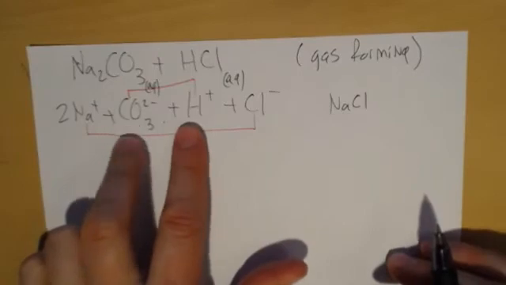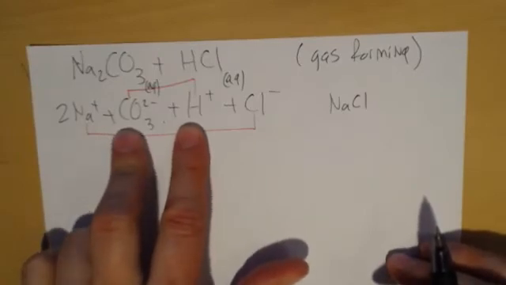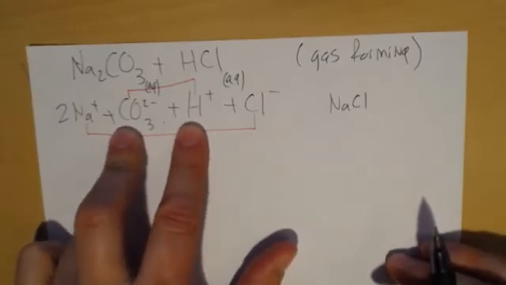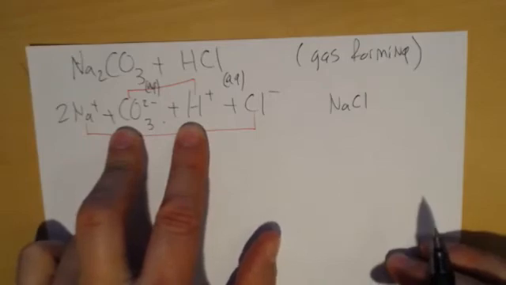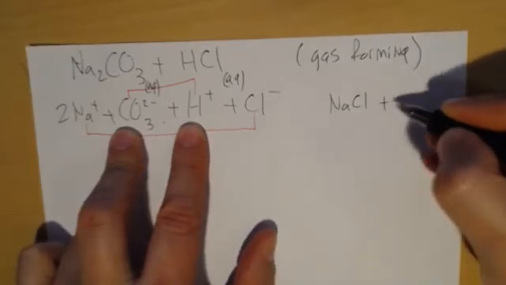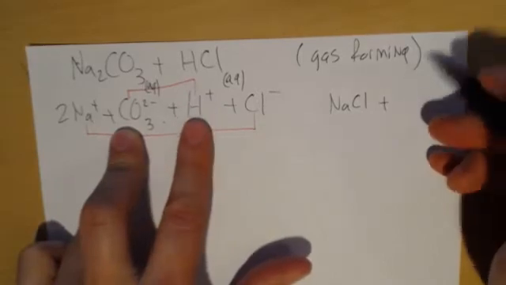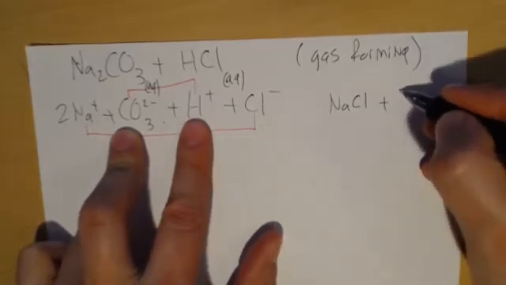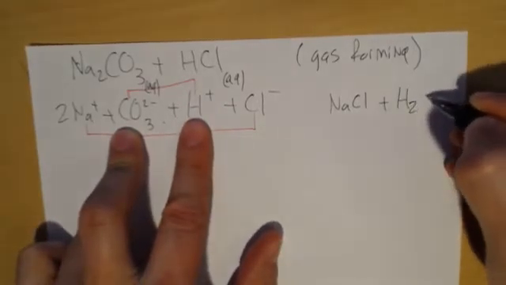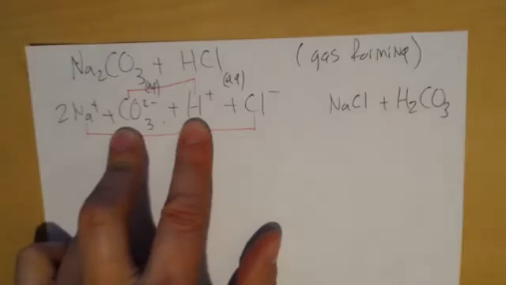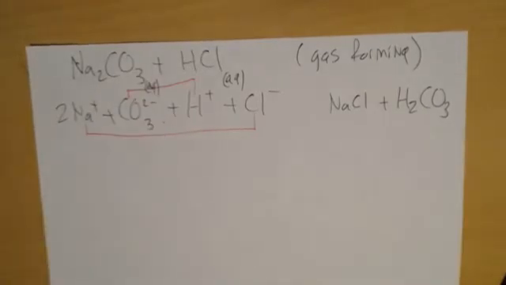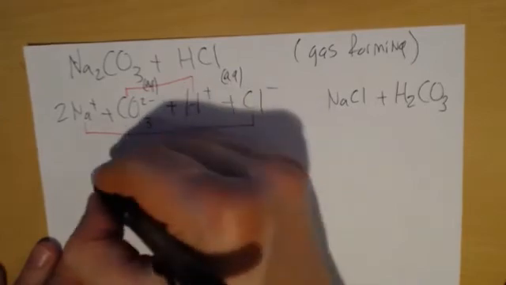How will these guys go together? Good. Someone wrote H2CO3. That's perfectly correct. I'm going to need 2 hydrogen ions. It's the cation, so it has to go on the left: H2CO3.